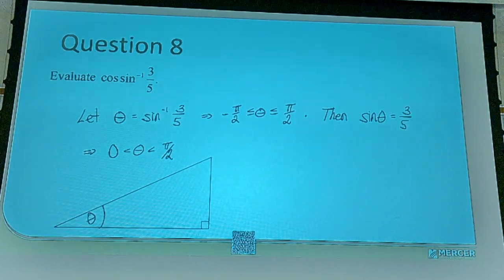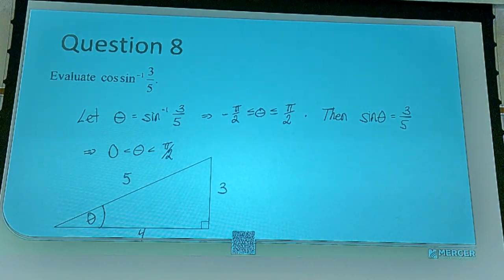Define that to be theta. How is sine defined on a right triangle? We said sine theta would be 3 over 5. Then what is that missing length? You don't need to do any work with that if you recognize that as a 3, 4, 5 right triangle.